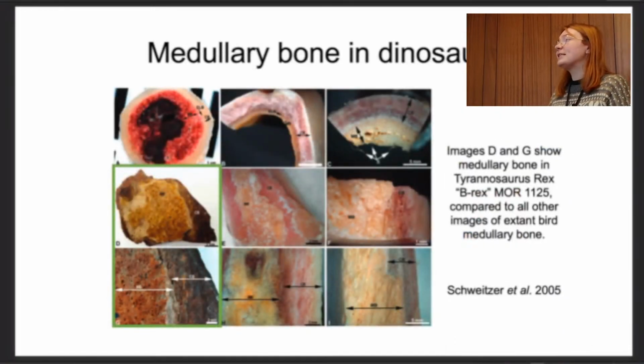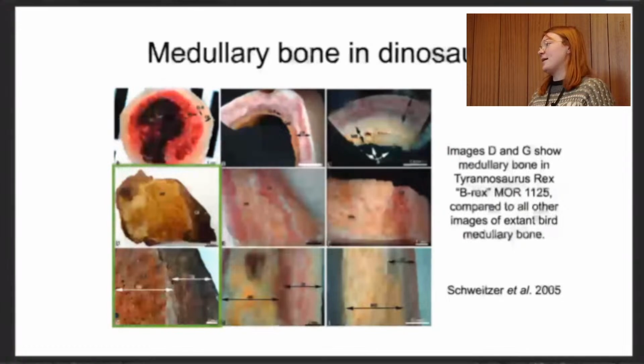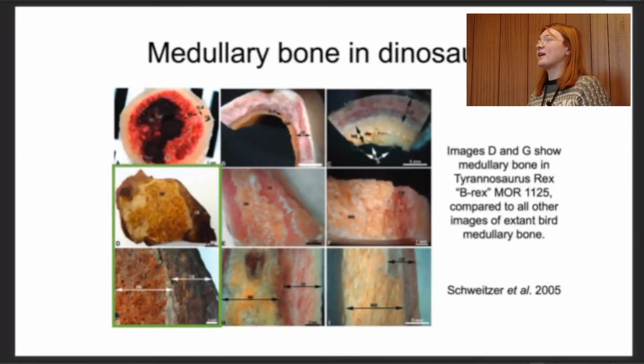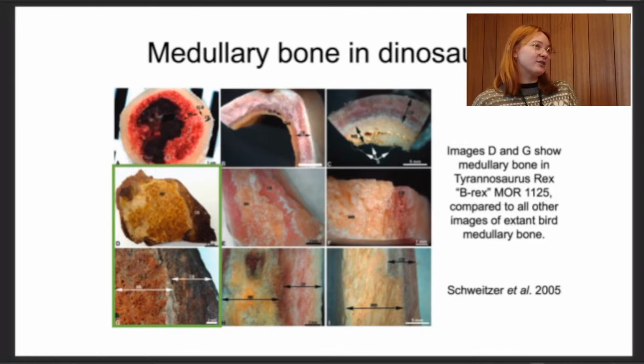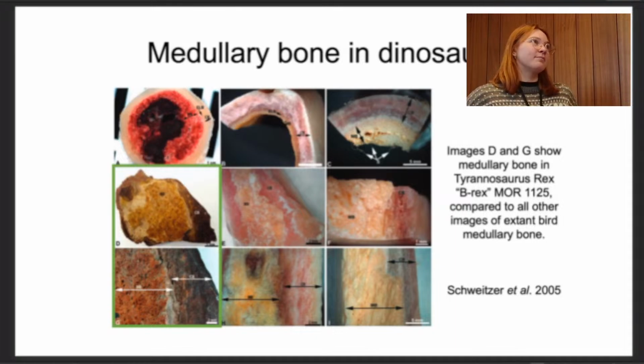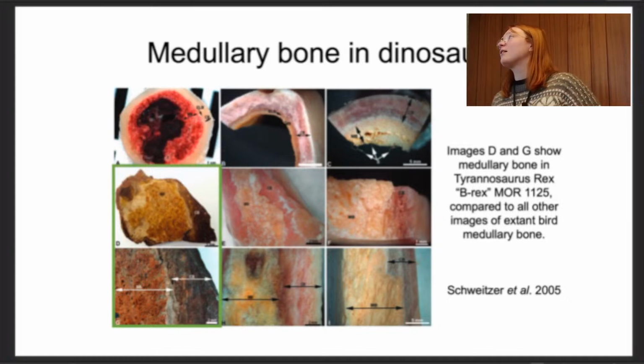So this is a really nice paper by Schweitzer et al. in 2005. Mary Schweitzer does some really cool stuff looking at possibly the detection of DNA in dinosaur bones, and dissolving bone away to look at white blood cells and stuff within T. rex bones. So some really cool stuff.